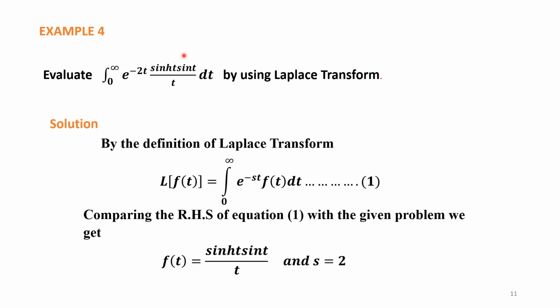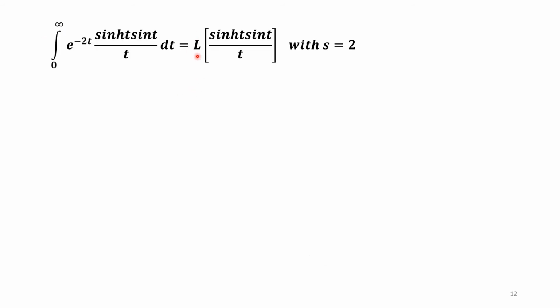So we are converting this integral to Laplace transform by using this definition: the integral is equal to L of the function other than e raised to minus st, which is f of t. So L of sin ht sin t upon t with s is equal to 2.